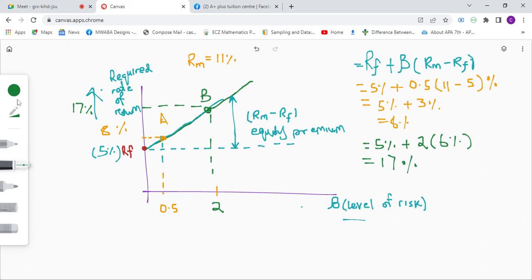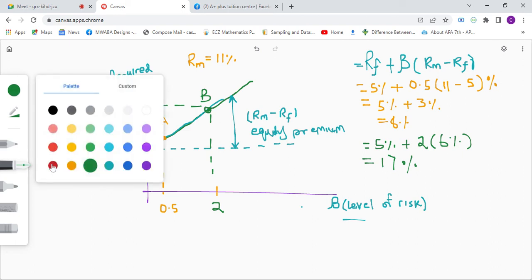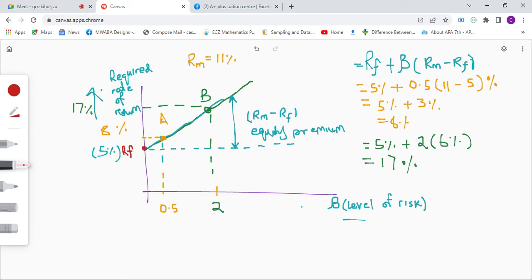Then we can also use this graph to be able to see if stocks are undervalued or overvalued. This upward sloping line is also called the security market line.